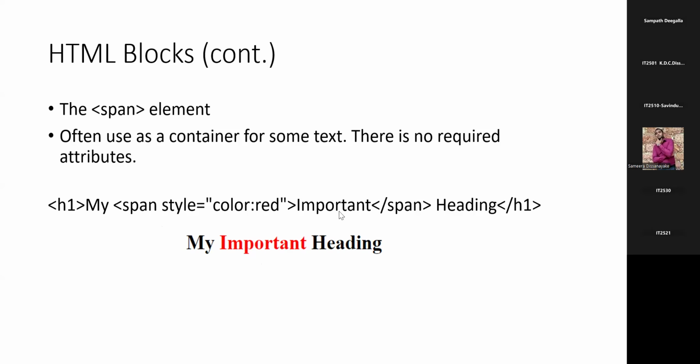To mark the word important, you can see span starts here and ends after that. Basically we are selecting this particular text and then applying the particular style. You can notice that we said the text color is red. You can give it a try and observe the outcome.